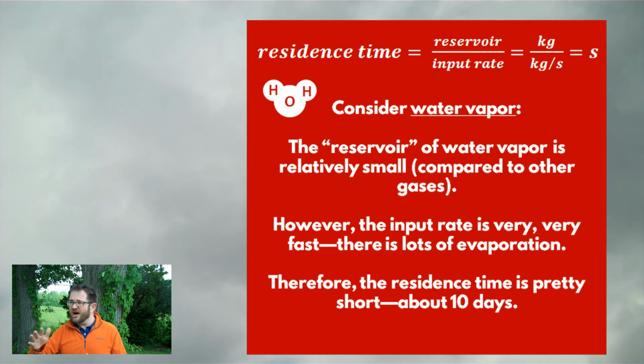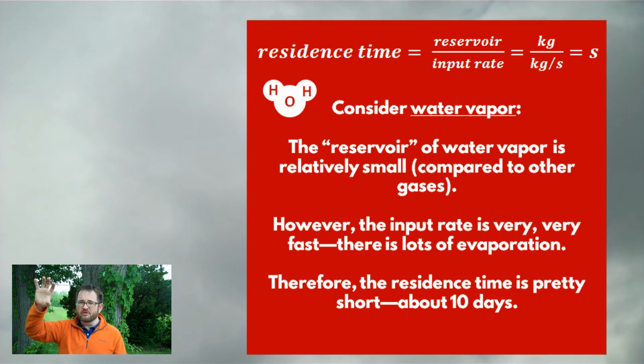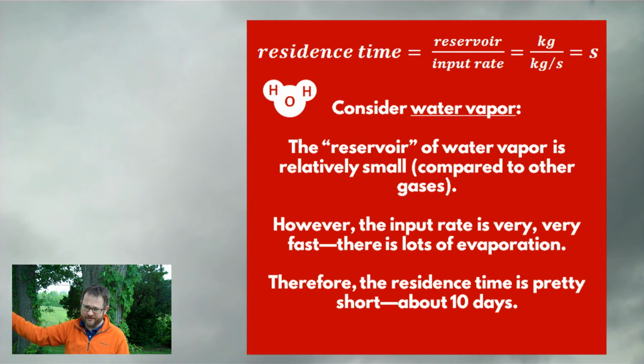Okay? Compared to other gases in the Earth's atmosphere, there really isn't that much water vapor. So the reservoir of water vapor is pretty small. So the numerator of our equation there for residence time, the top, is the smallest number. I mean, don't get me wrong, it's still going to be millions and millions of tons of water vapor, but it is small compared to when we get to like nitrogen or something like that.